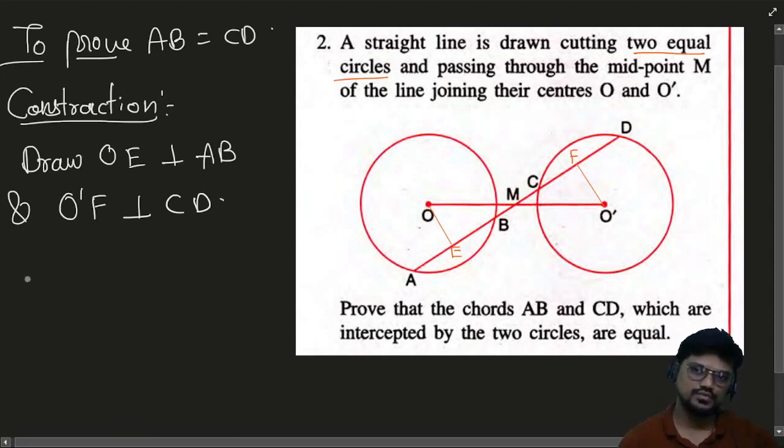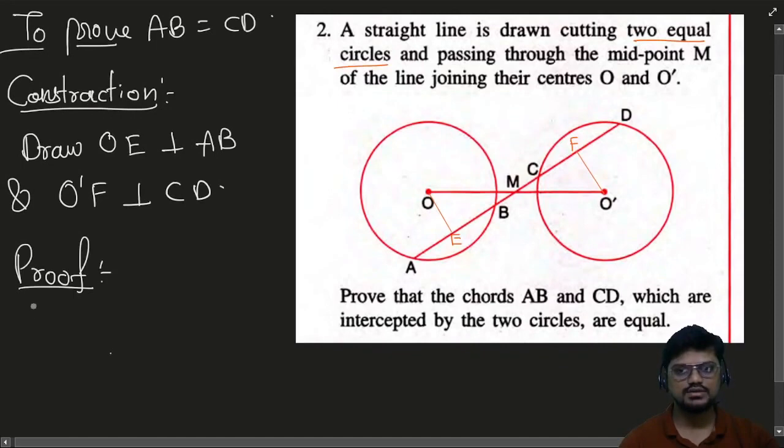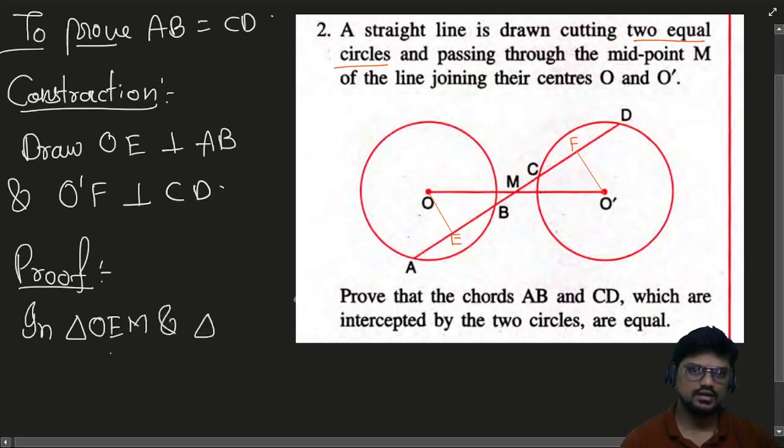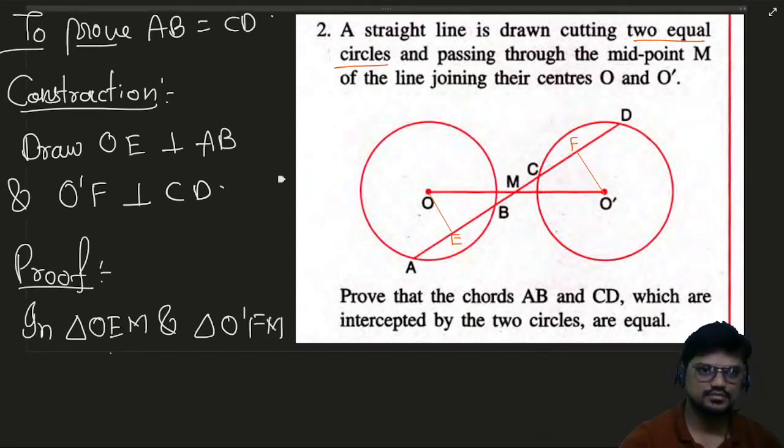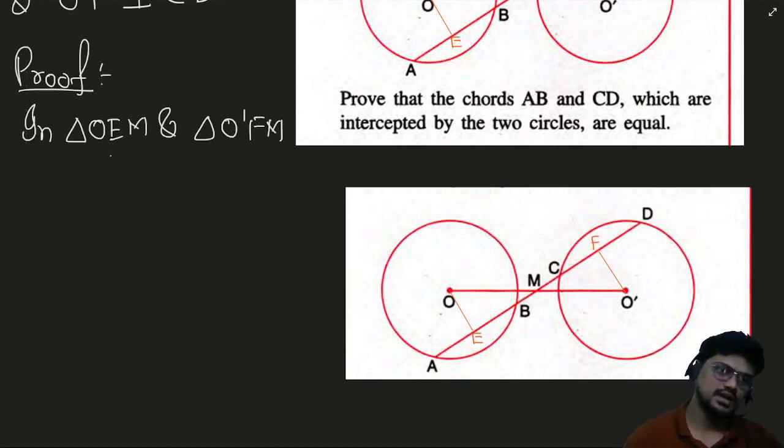Now let's prove. Write the proof. Okay? In triangle OEM and triangle O dash FM. In these two triangles, so what all things you have?